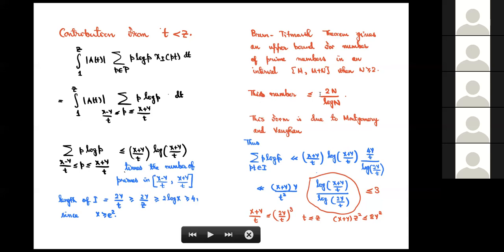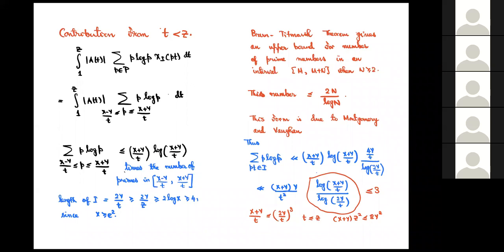This number of primes is less than twice the expected thing, so the bound is 2n by log n. This form of Brun-Titchmarsh, which is so elegant, is actually due to Montgomery and Vaughan. It's in Surya, maybe here it's 2 plus epsilon times n.